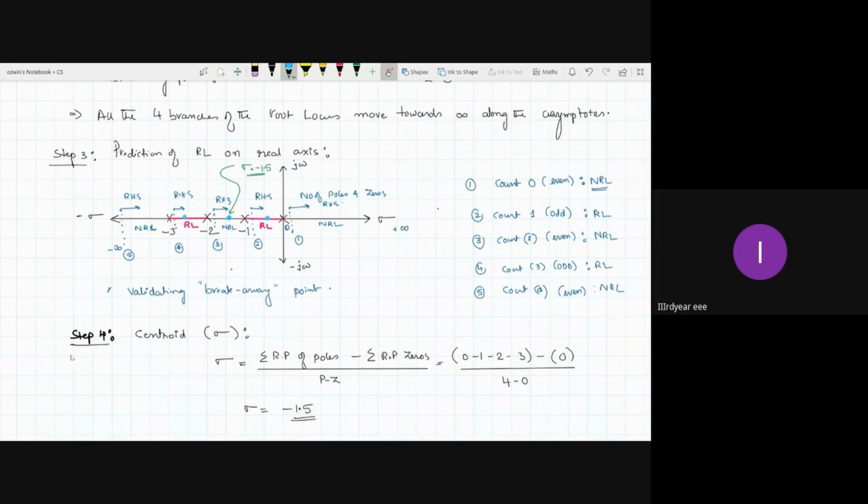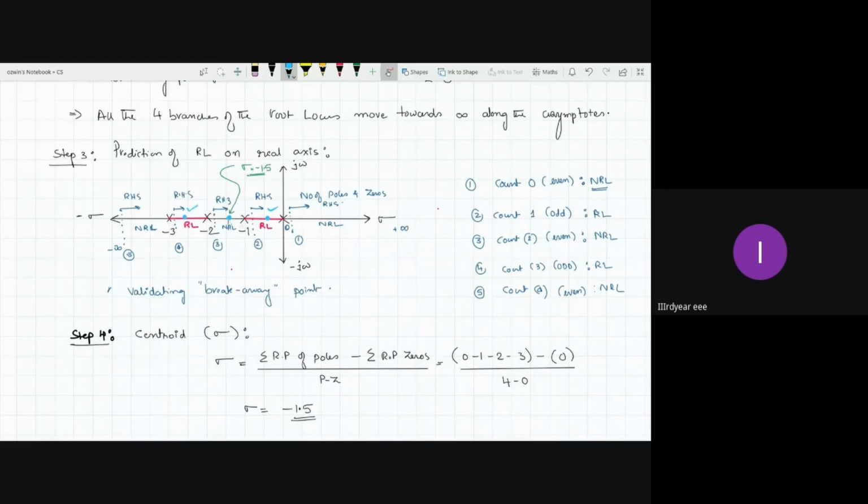Now we have placed the 3 breakaway points, but we see that out of 3, only 2 are getting placed in the valid section of the root locus, right? So this point is a good breakaway point because it is getting placed in the valid section of the root locus.